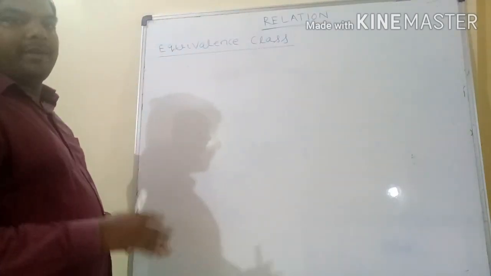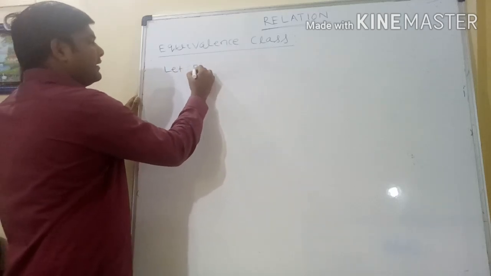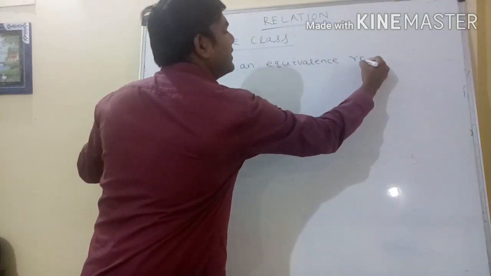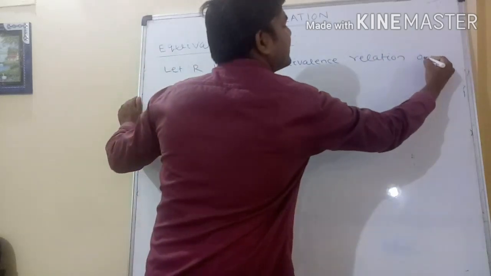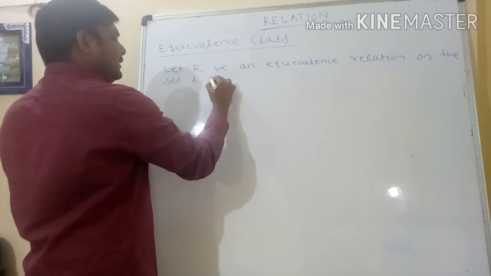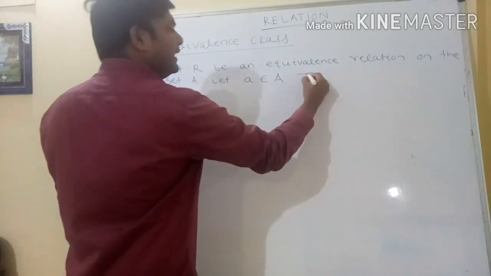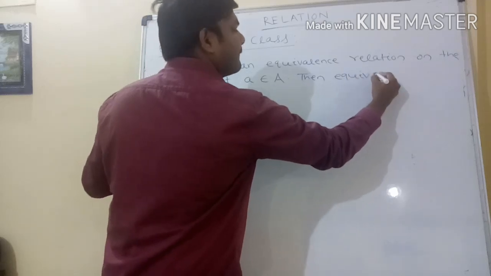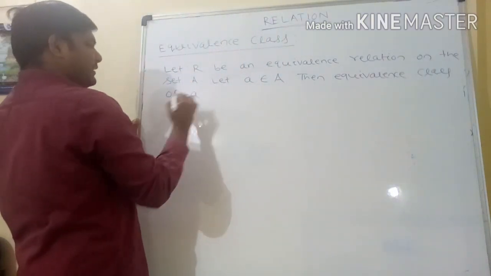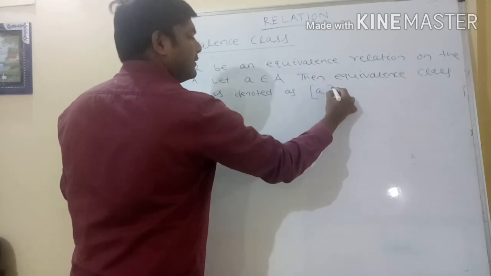Okay, so what will be the definition of equivalence class? Let R be an equivalence relation on the set A. Let a be any element of the set A. Then the equivalence class of a, of the element a, is denoted as [a].